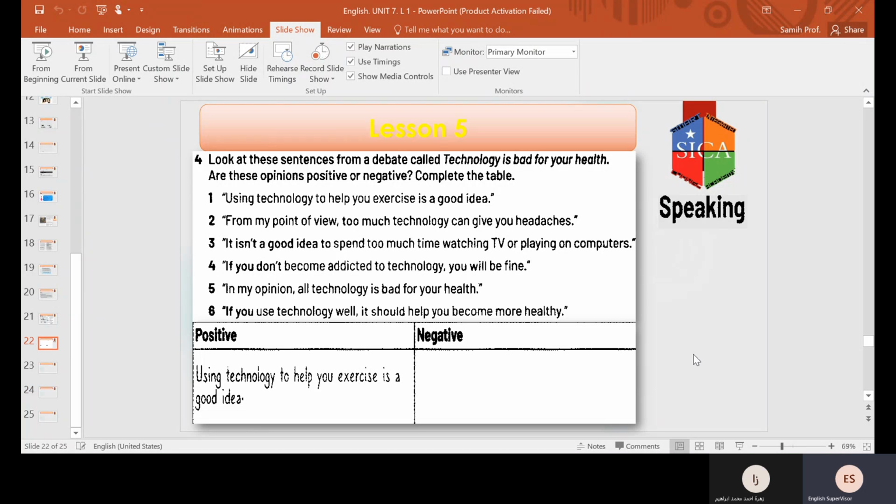And please, can you see this slide? The slide in front of you, lesson 5, about positive and negative. We already answered it, but it is your homework for today. Also, I have another thing for you as a homework.